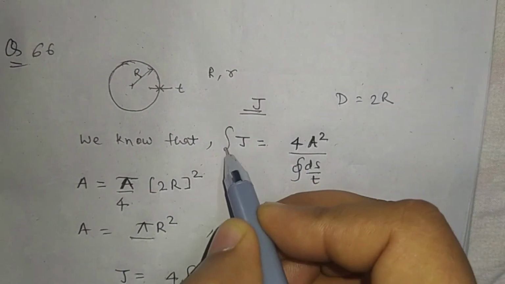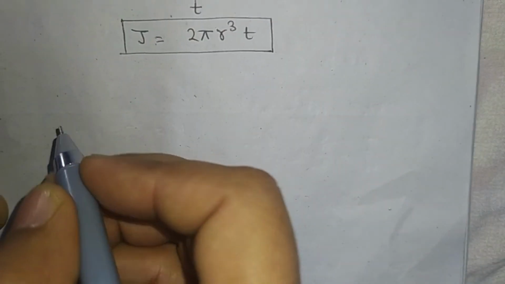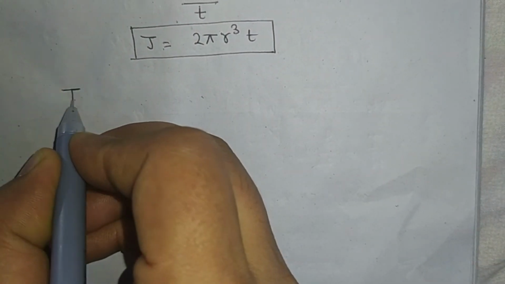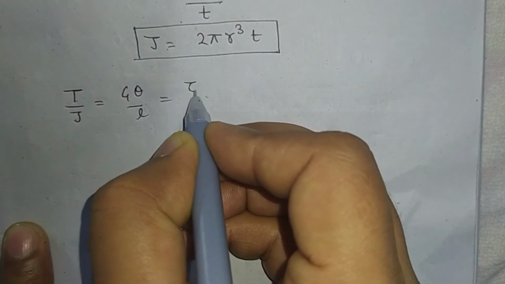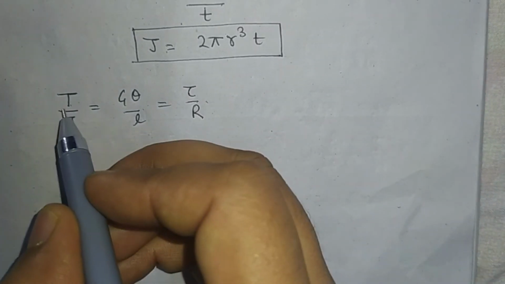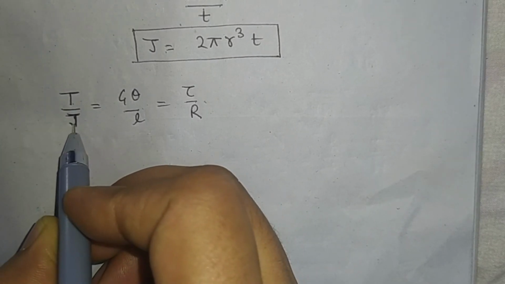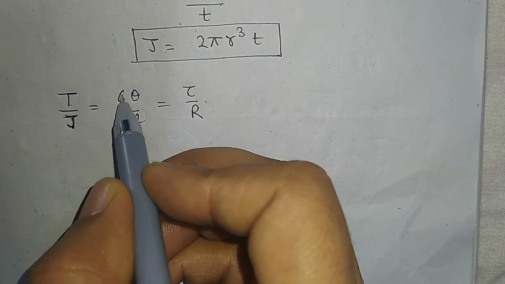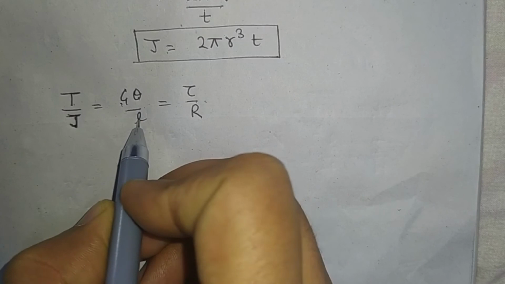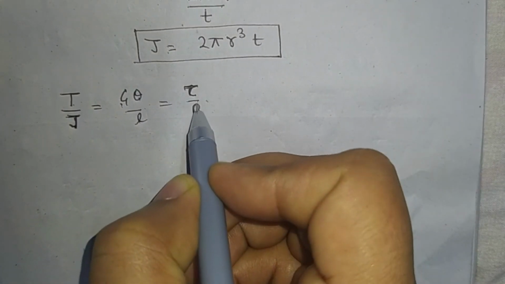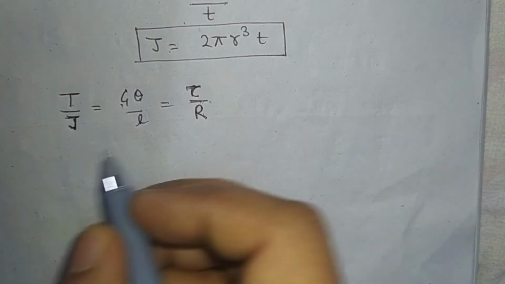Okay, now let's see how this formula came into the picture. We know the torsional equation T by J equals G theta by L equals tau by R. T is the torsion, J is the torsional constant or the polar moment of inertia, G is the shear modulus, theta is the twist, L is the length, tau is the shear stress, and R is the radius of the circular shaft.